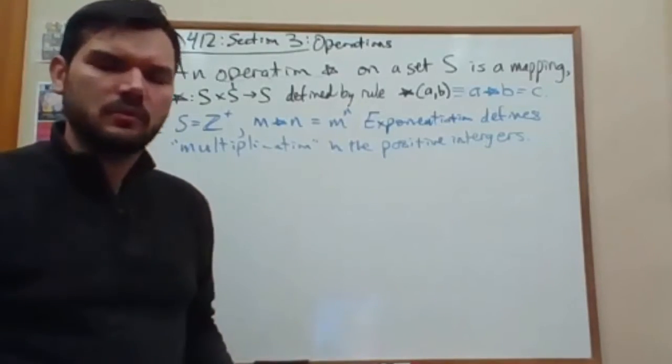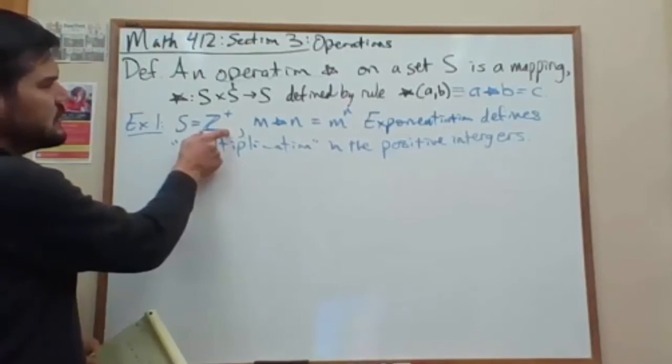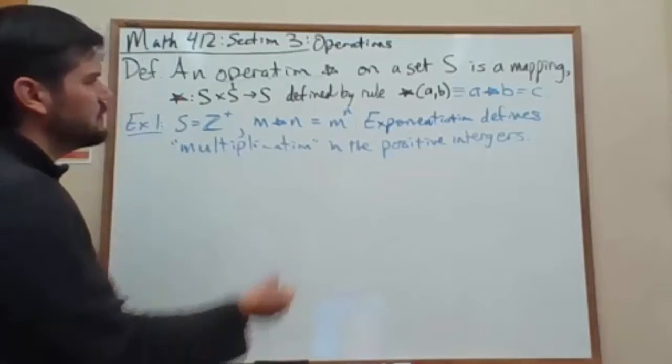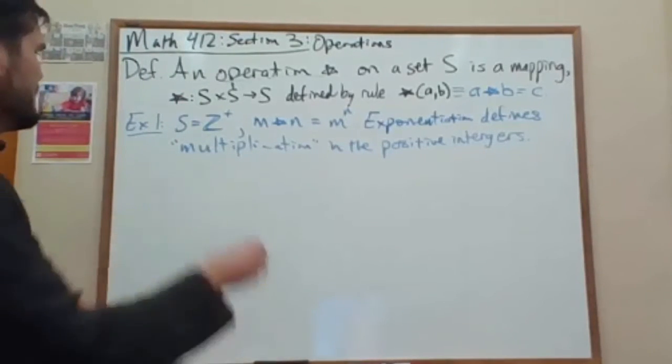So that's one example of this multiplication element that's a little bit different. We're able to restrict our set, and within that restriction, we can generalize outward. What's another example?